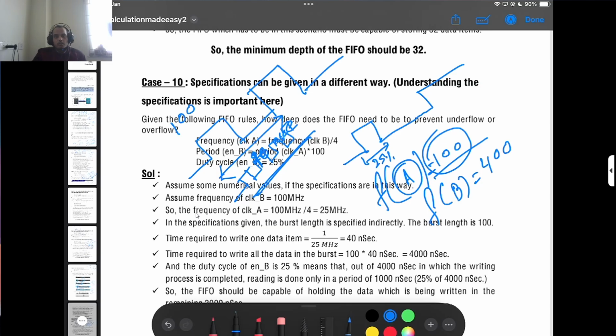The frequency of enable A and the frequency of clock B by 4, the periods of enable B and clock B, both are different, I think. The enable period is equal to 100%.